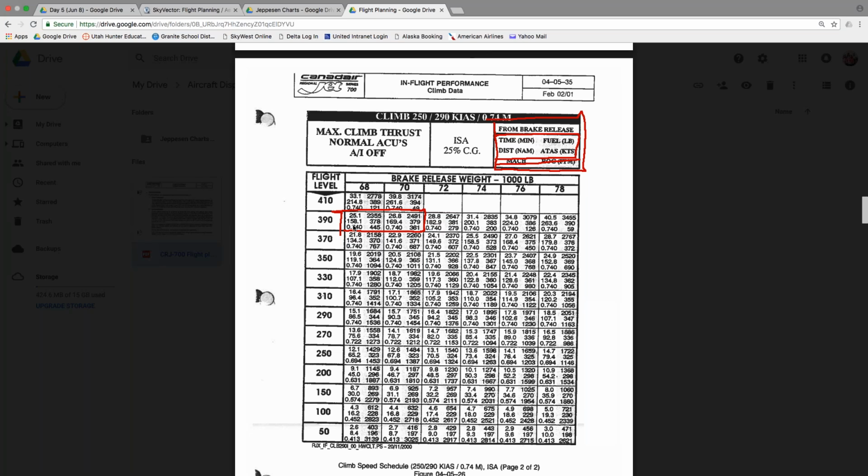The distance, 158.1 and 169.4, gives us 163.7. And then our true airspeed, wow, that's a pretty significant difference.